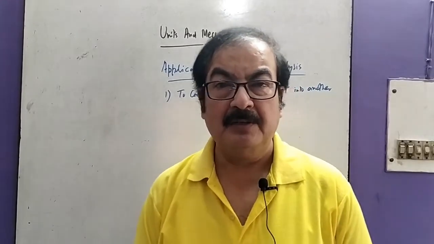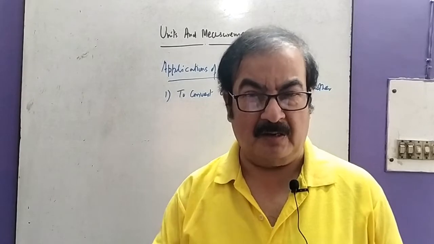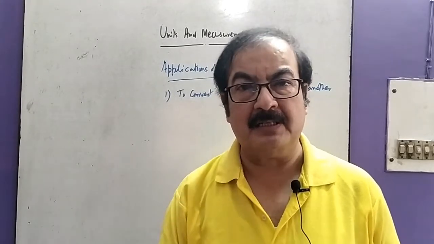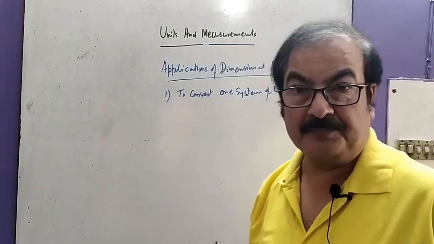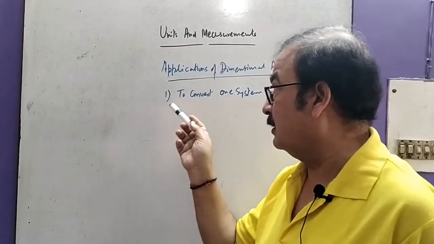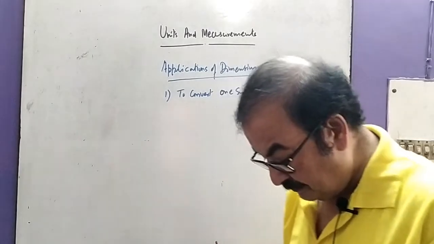If we have this type of situation, then naturally a new system of units will be there and we can change. But that will be quite complicated right now. Just to make it easy, to make it simple, we have to know how to convert one system of unit into another. This is one of the most important applications of dimension.